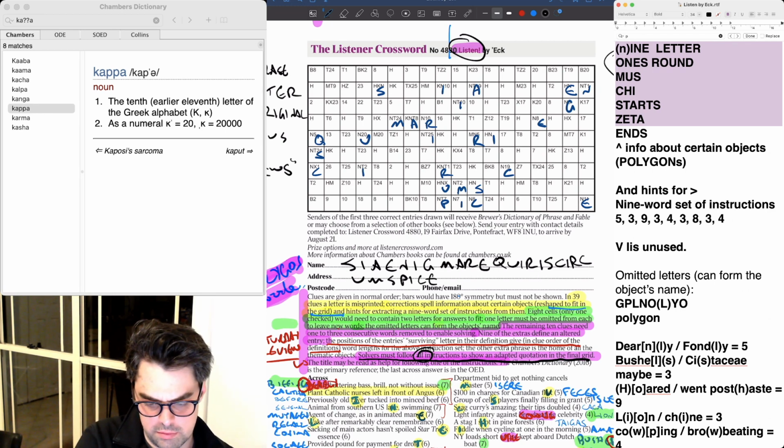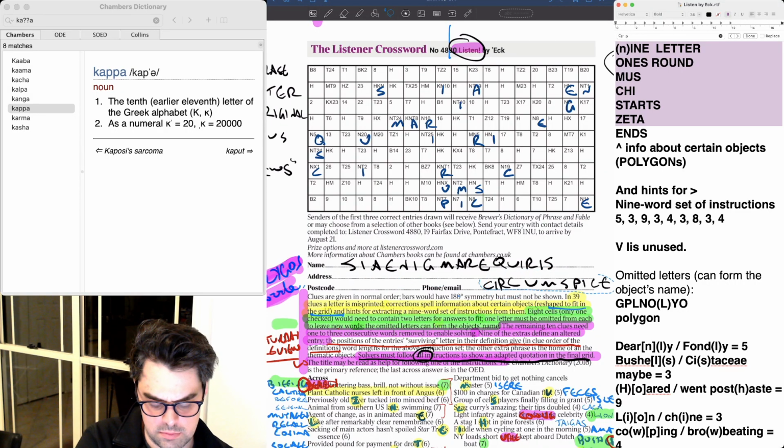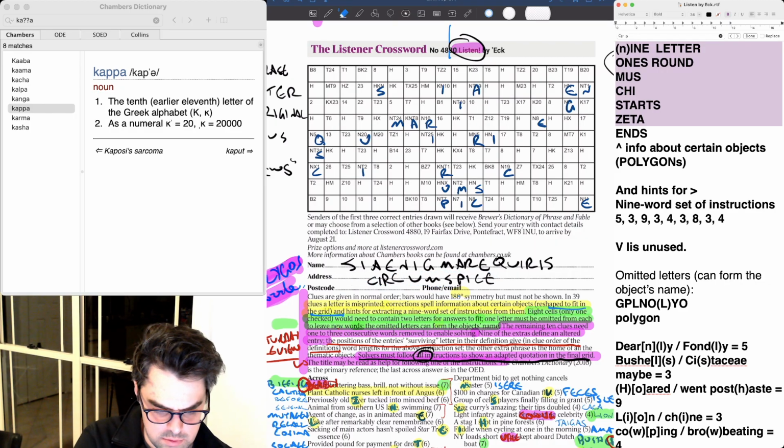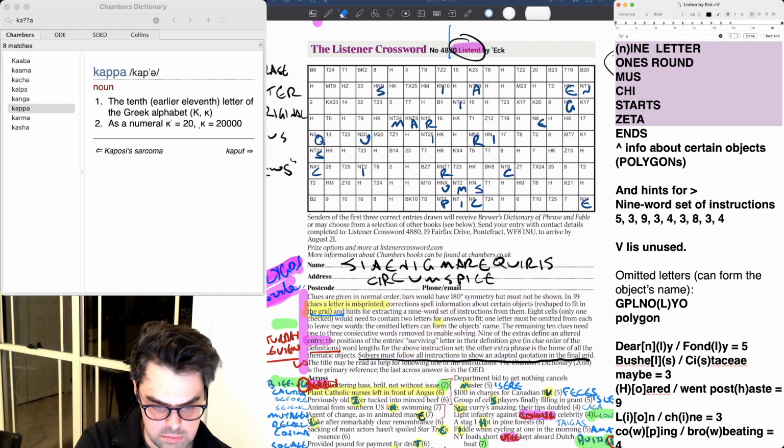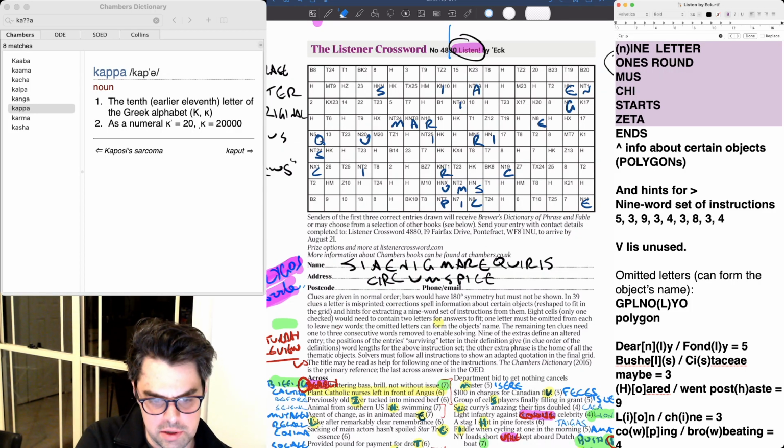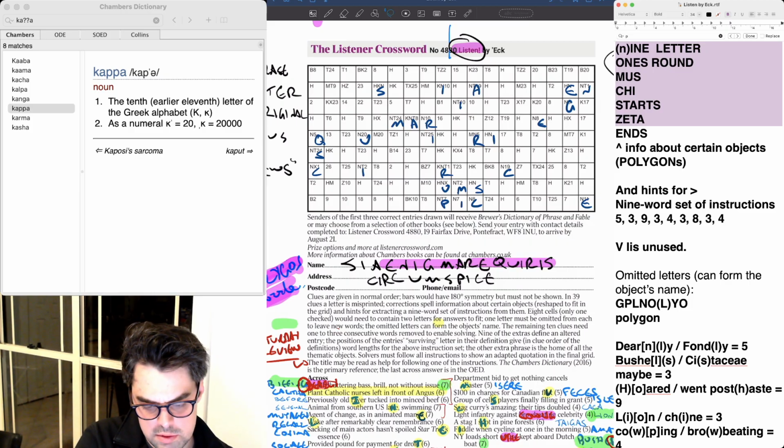For example, circum something, that's like the sound of, we have enigma here in the middle. Requires. It's going to be Latin, you know.